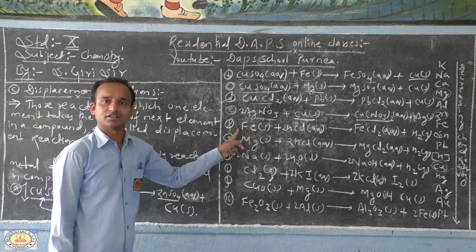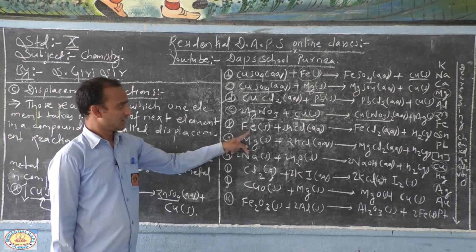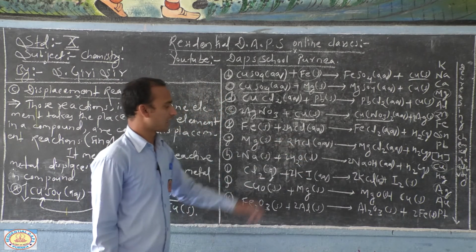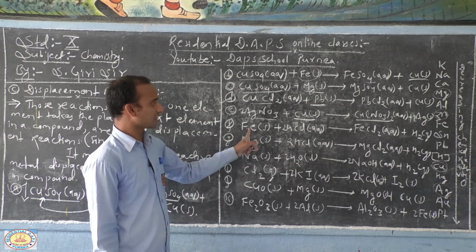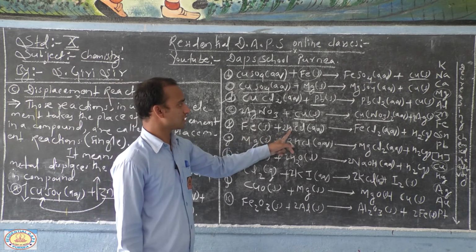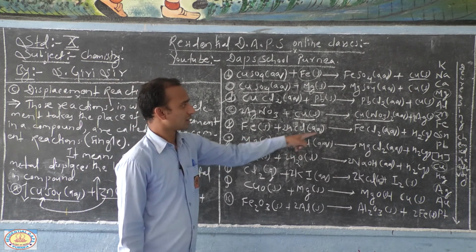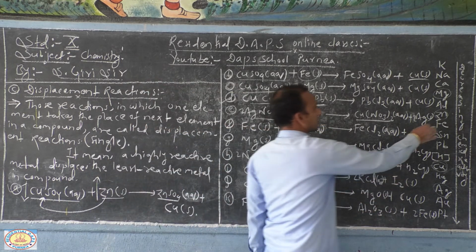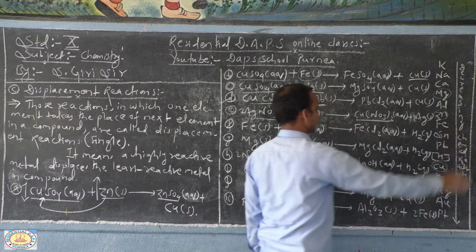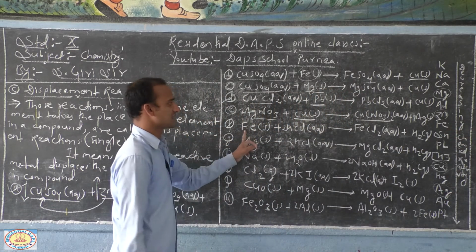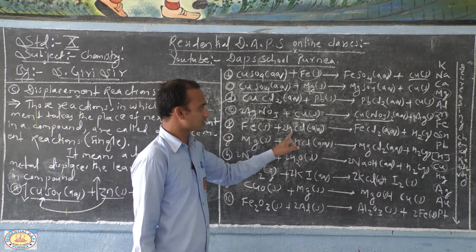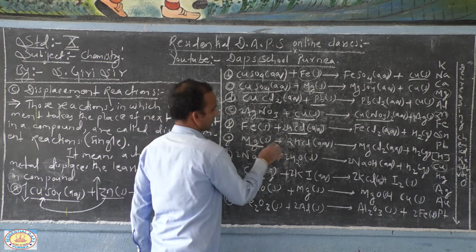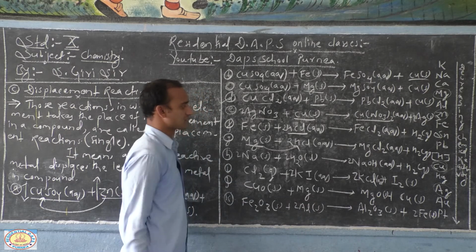Next, when you take iron and treat it with dilute sulfuric acid or dilute hydrochloric acid, this iron metal displaces the hydrogen from the solution to produce hydrogen gas. Here you can see iron metal is here, but hydrogen is here. So iron is able to displace the hydrogen from this compound. Again, the next example, magnesium. Magnesium is able to displace hydrogen.